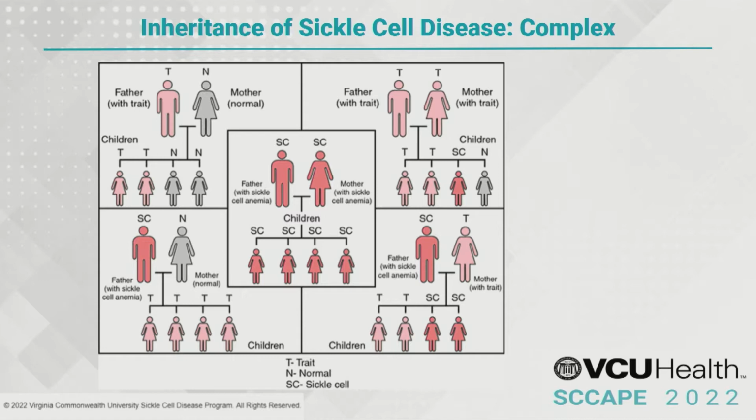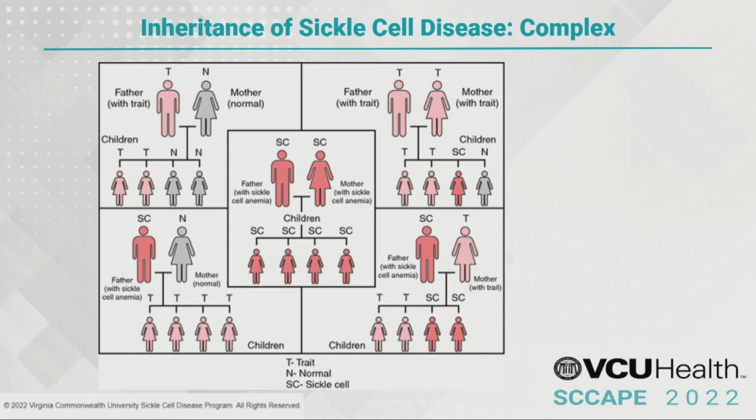And then as you go down to the bottom right, if 1 parent has sickle cell disease, 1 parent has the trait, then now you see how the risk changes. That tells us that all of the children are either going to have the trait or the disease. There is no possibility for the child having nothing.